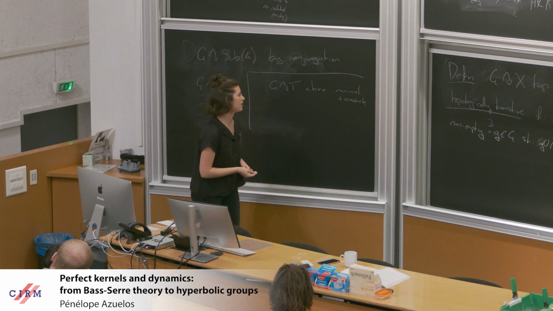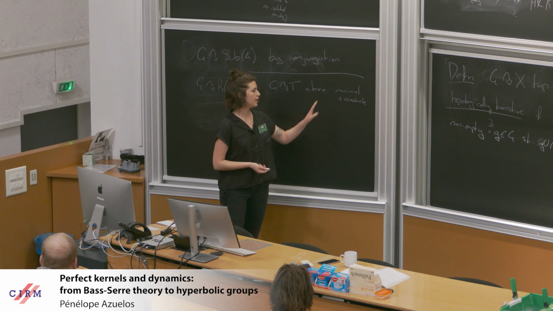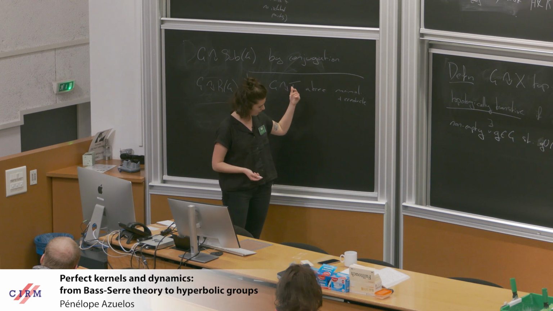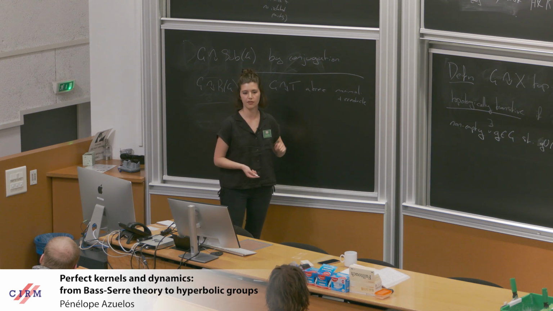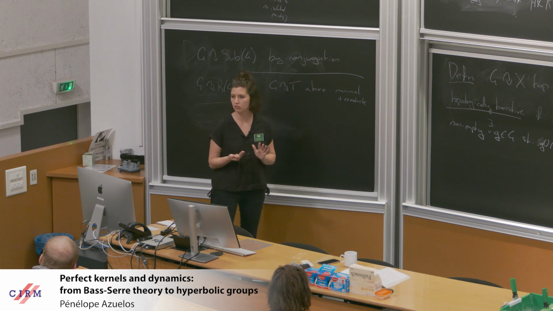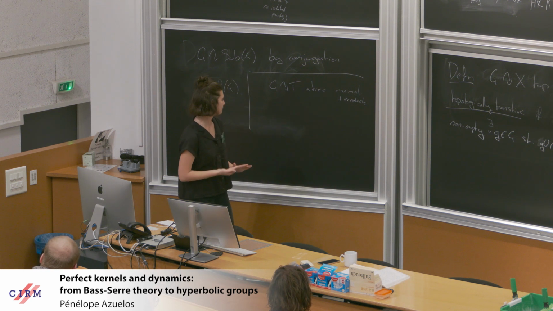Minimal just means that G doesn't fix any proper subtree of T. Irreducible means that it doesn't fix a point, a line, or an end in the tree.